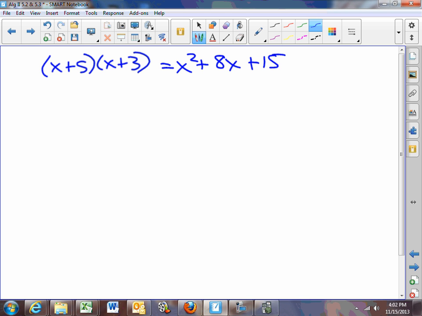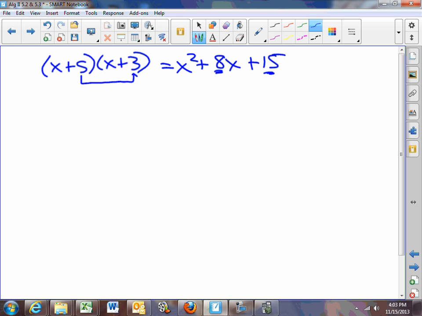Now notice the 8 is the sum of the last term in the first binomial and the last term in the second binomial. And the product of 5 and 3 is the 15, the last term in the quadratic polynomial.